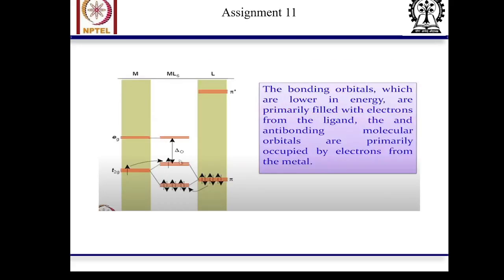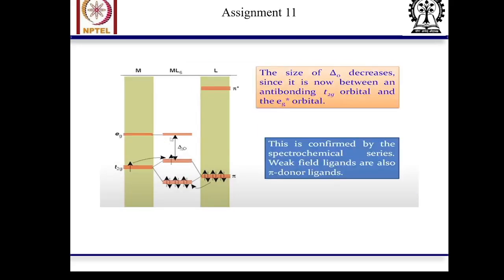So these are the things I have already told you, like what is the ML6, and when we have pi orbitals, why it is lower in energy, why they are being filled, the ligand being a pi donor, because basically that gap will be smaller. Previously this was the delta 0, now this is the delta 0, so basically this will be less than this one.